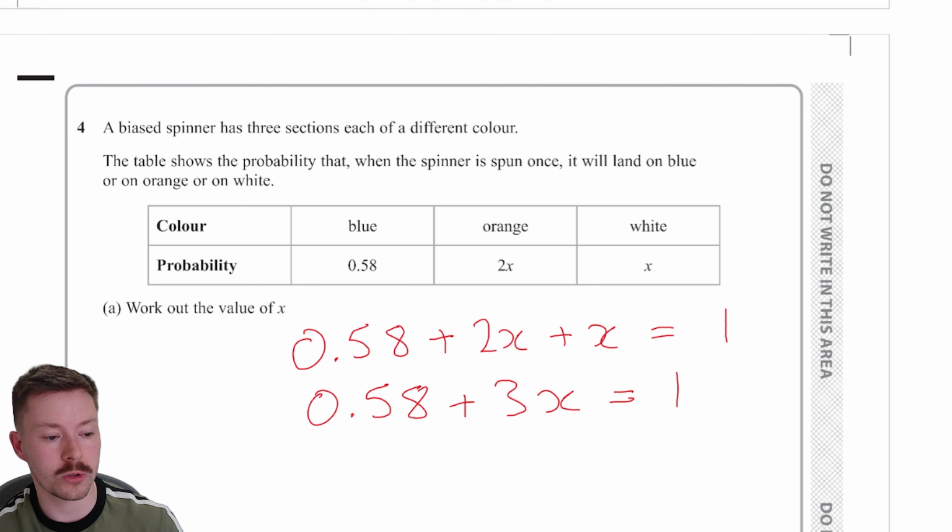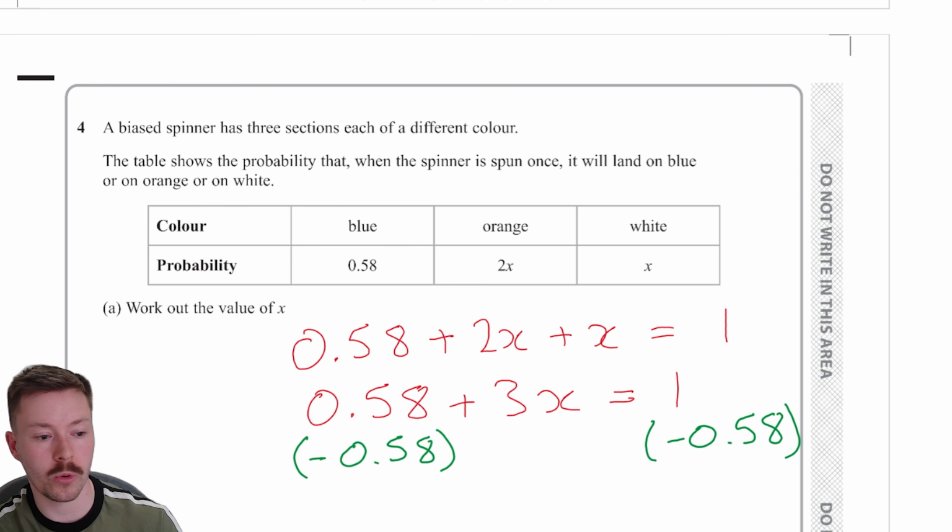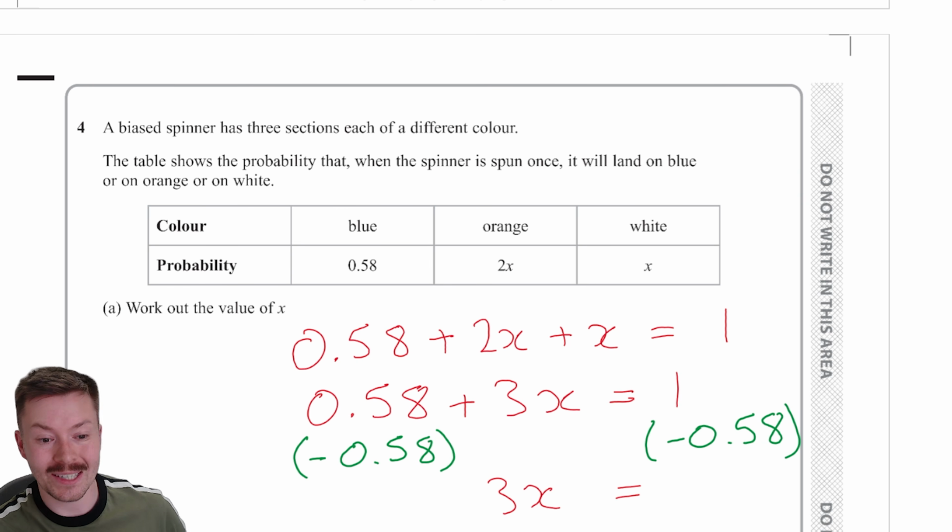We subtract 0.58 from both sides, and that gives us 3x is equal to 0.42, if I've done that correctly in my head.